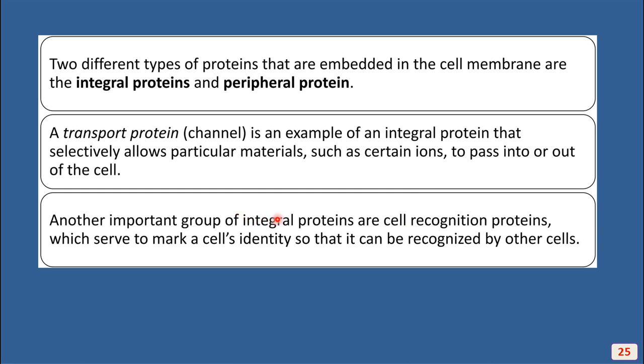Then the integral proteins are cell recognizing proteins. For example, a human cell needs to be recognized, or other cells, like bacterial cells, need to be recognized as foreign when compared to our own body cells. So this is an important group of integral proteins, capable of cell recognition, which serve to mark the cell's identity so that it can be recognized by other cells.